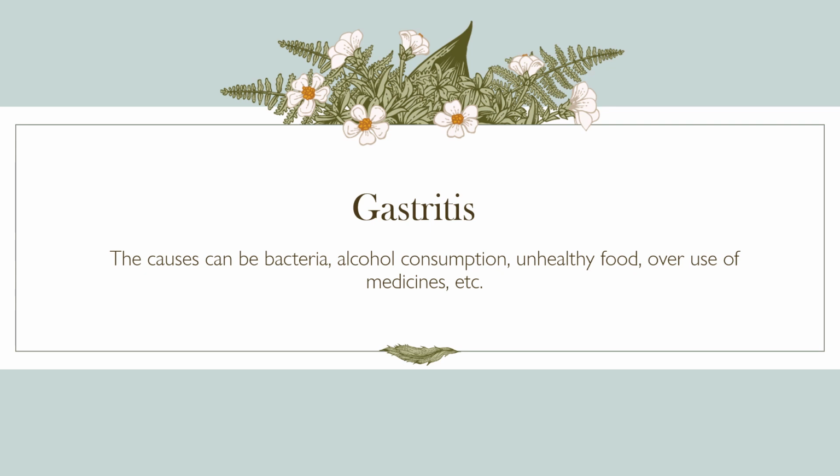So we will talk about gastritis. The common causes of gastritis can be due to bacteria, excessive alcohol consumption, unhealthy food, overuse of medicines, and many more. But these are the common causes. So we'll talk about the plants that can be used to cope with gastritis.